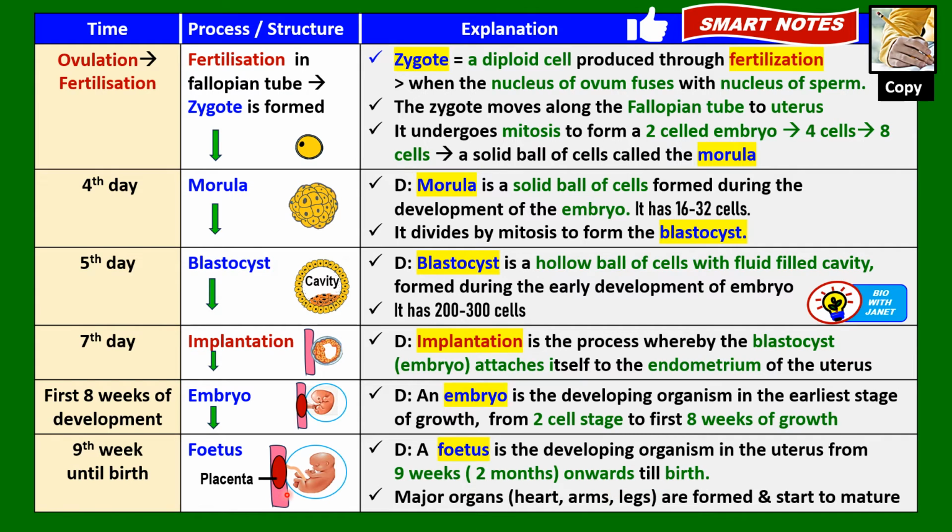So the fetus is the organism that is more developed than the embryo, and in the fetus the organs like the heart, the fingers, the legs, and all that start to form more clearly, and start to develop to form the complex structures and complex organs.